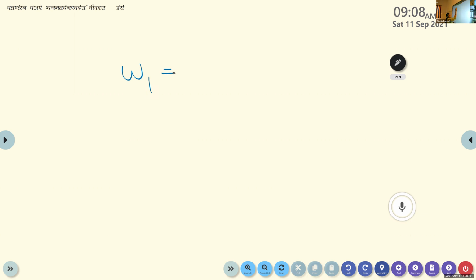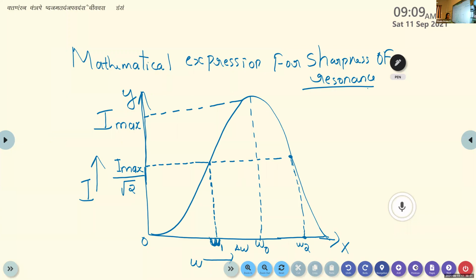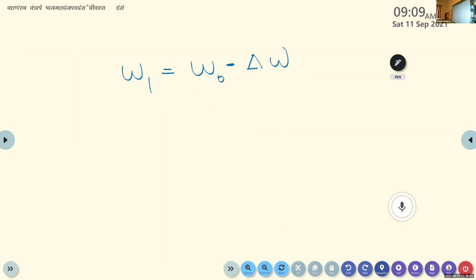So omega 1 is equal to omega 0 minus delta omega.